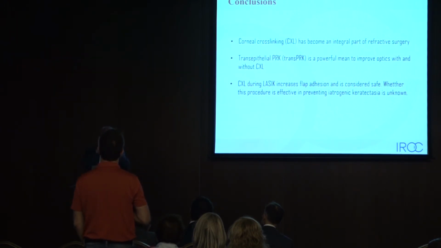And if you only decentered it a little bit, she will complain about halos and phantom images. So from an optical point of view, the ICL is so much better compared to high correction of LASIK.